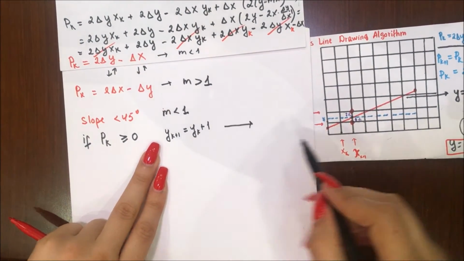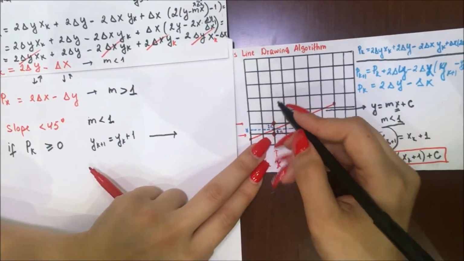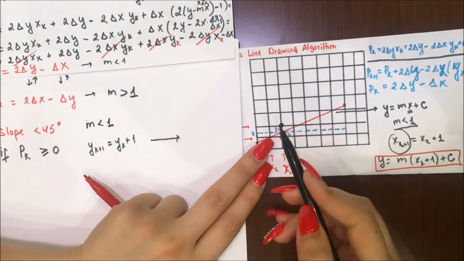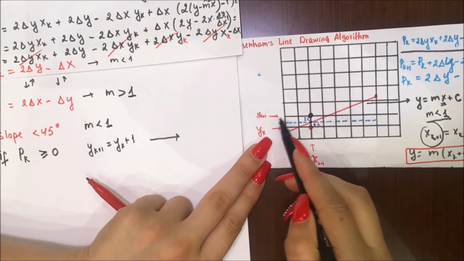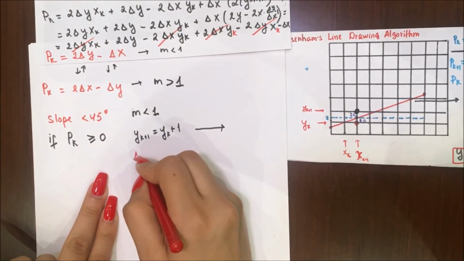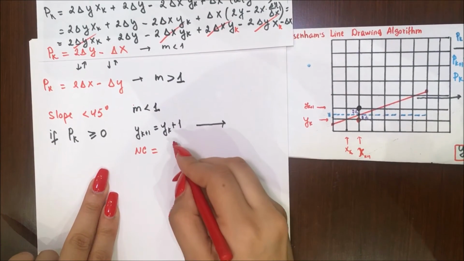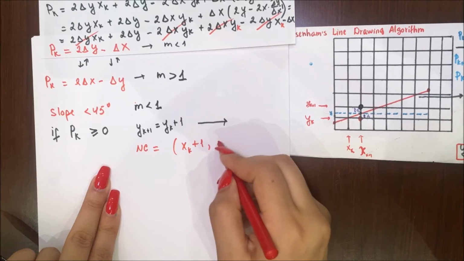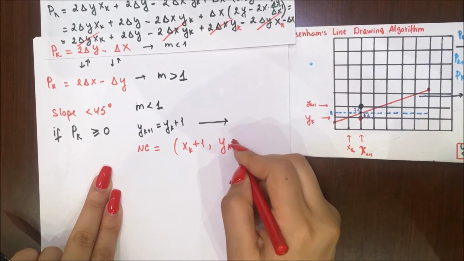So in this case, yk plus 1 will be nearer to intercept point, and computer will choose yk plus 1 pixel. Next coordinate will be xk plus 1, yk plus 1.